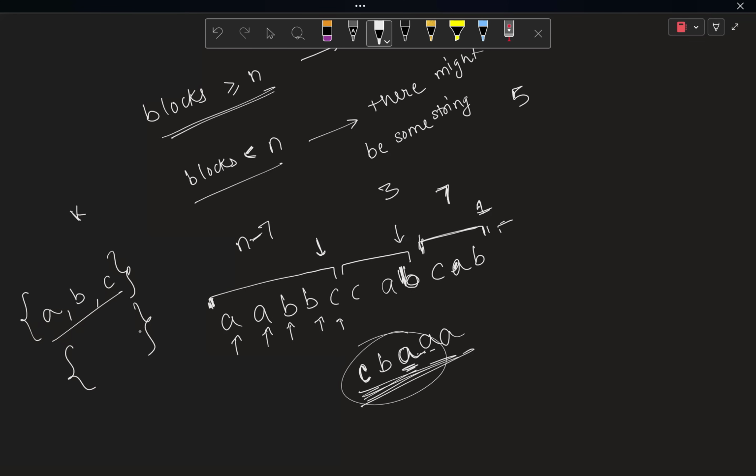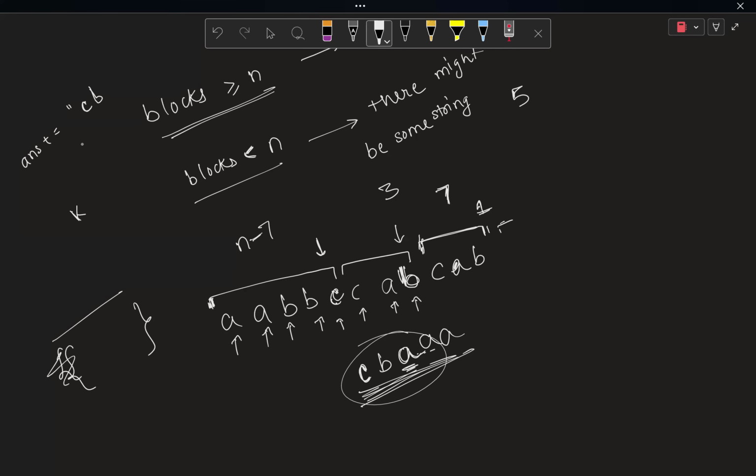I'm saying that now the set is empty again, and I'm pushing the C to a string with the name answer, because if I have some answer in this, the first character would definitely be C. And then I just repeat the same thing for the rest of the string, adding C to the set, A to the set, B to the set, CAB, and then the set has a size K. So make it empty, and the last character which you had pushed, that is B, just push it to the answer.